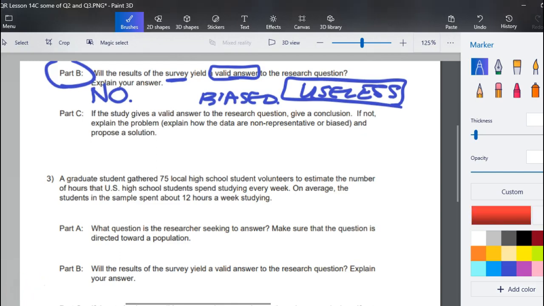So moving on to part C, if the study gives a valid answer to the research question, give a conclusion. If not, explain the problem, explain how the data are non-representative or biased, and propose a solution. The bias is in the response or measurement. It's response or measurement bias.